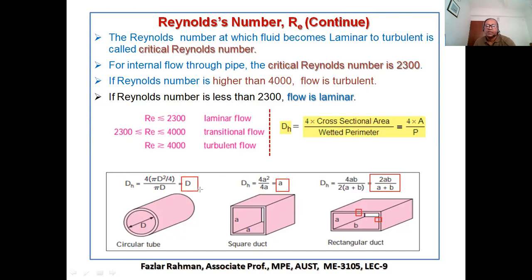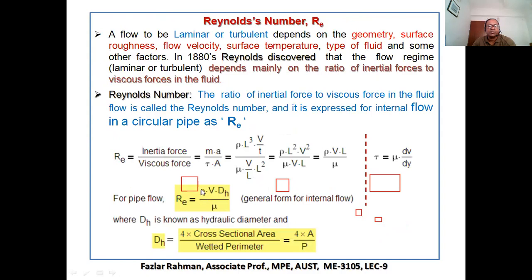Now, after you got hydraulic diameter, then you need to figure out the Reynolds number. How do you get the Reynolds number? You put it over here. So rho is the, I'm sorry, density of the fluid, and V is the velocity inside the tube or pipe.